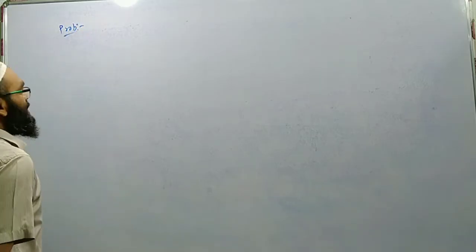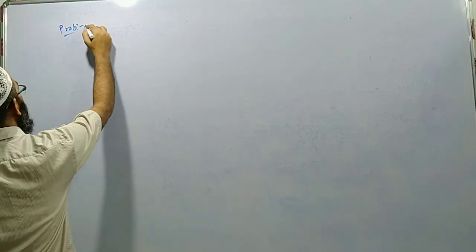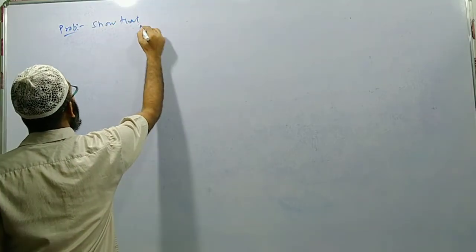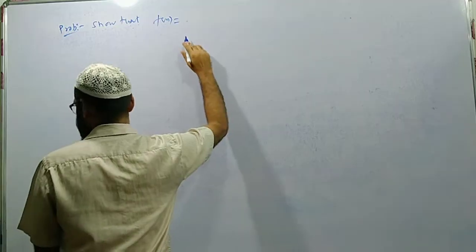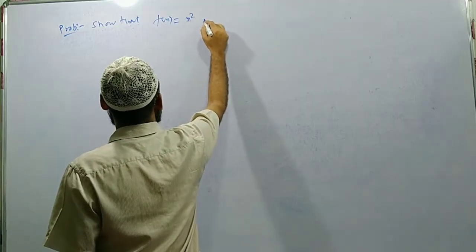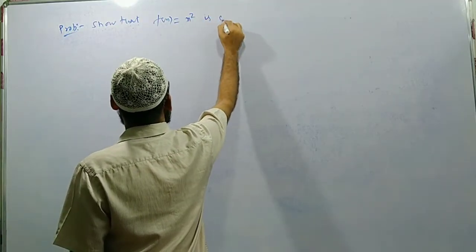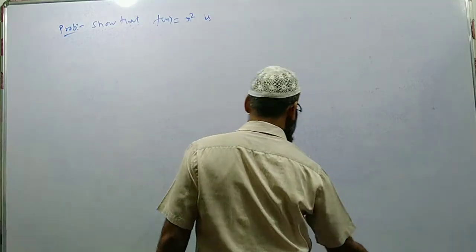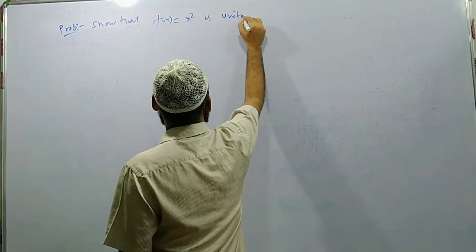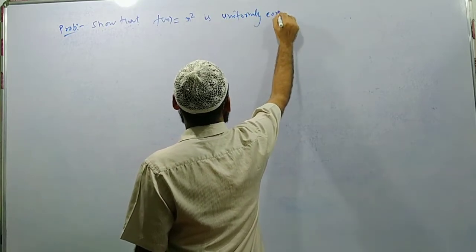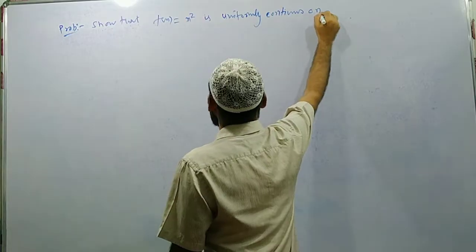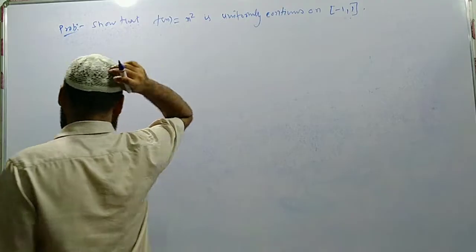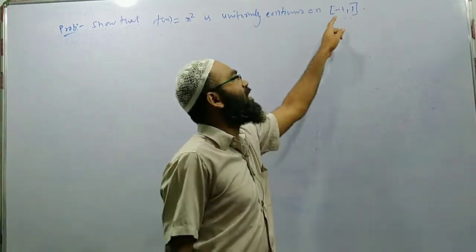Next, write down the problem: show that f(x) equal to x square is uniformly continuous on the interval minus 1 to 1, here I equal to minus 1 to 1.